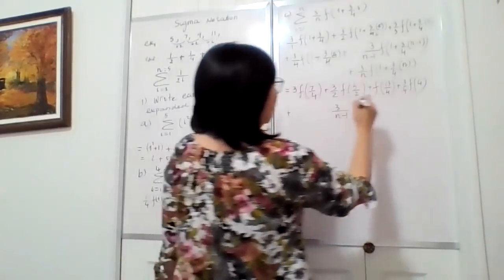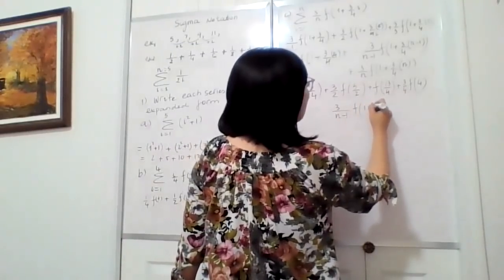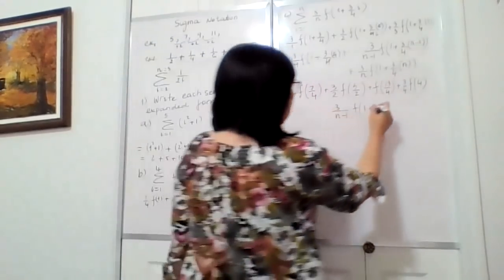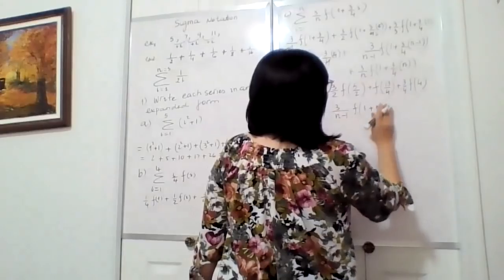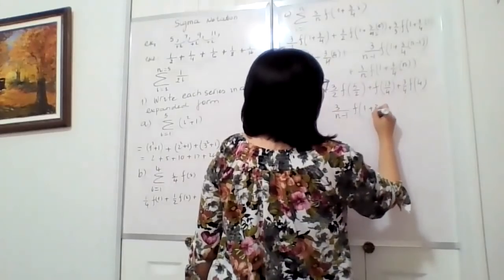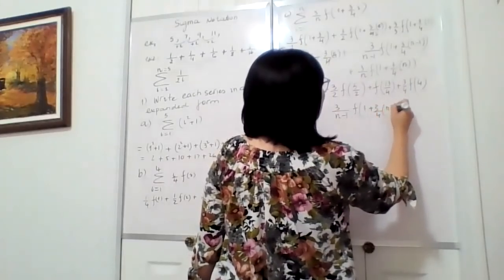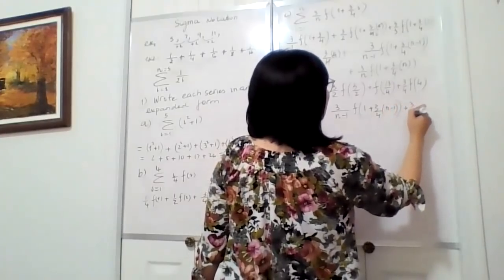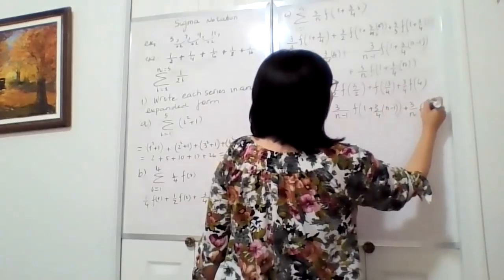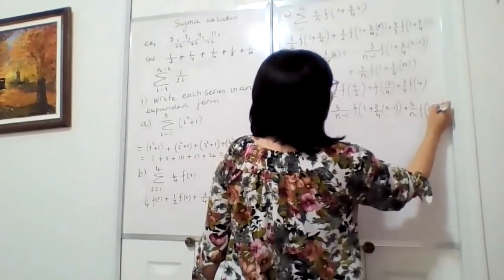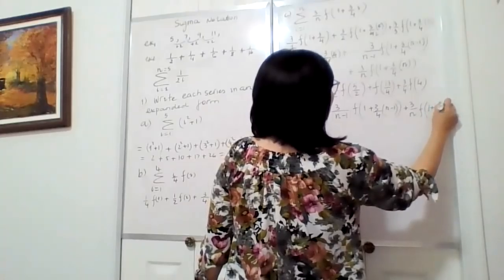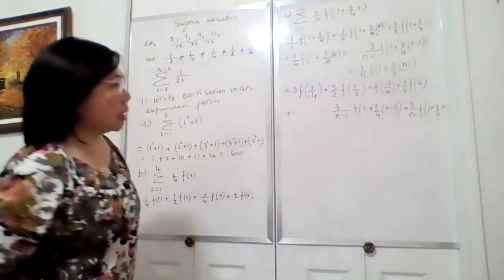So 1 plus, yeah, just leave this for now. And 3 over 4 times n minus 1, adding with the last term, 3 over n f times 1 plus 3 over 4 times n, right? So that's how it looks like.